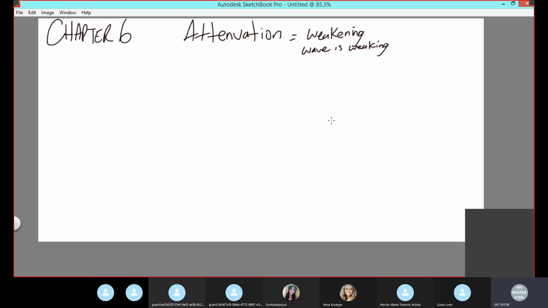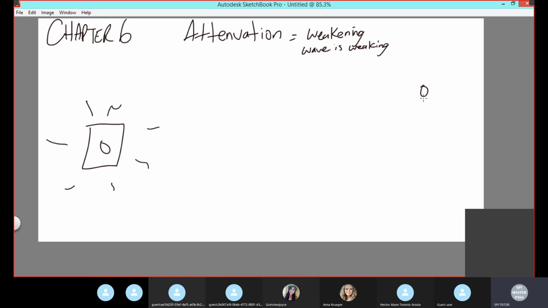So that's attenuation. And if you ever attend a party and you have the speaker really loud and you're over here trying to study, the music is going to be very loud and you won't be able to study. So what do you do? You move a little bit farther away from the speaker, but you can still hear some of the sound.